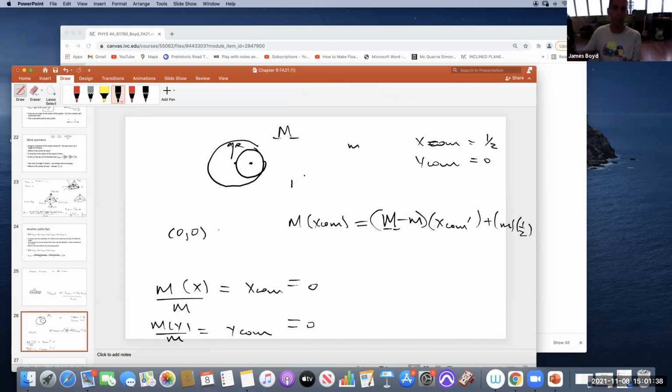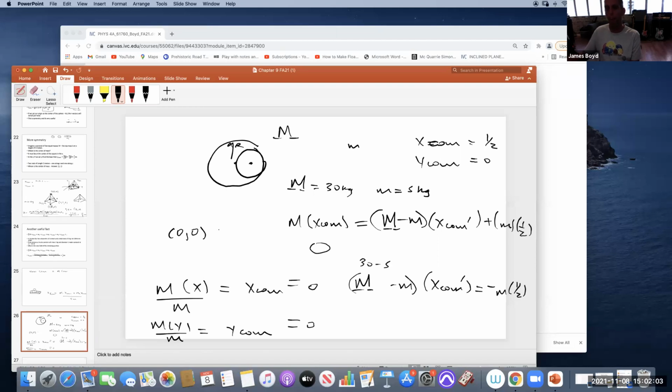Now, let's say big M was 30 kilograms, and little m was 5 kilograms. I know this is 0. So what that tells me is that big M minus little m times X COM prime is equal to minus little m times 1/2. This I know is 30 minus 5, and this I know is minus 5 times 1/2.